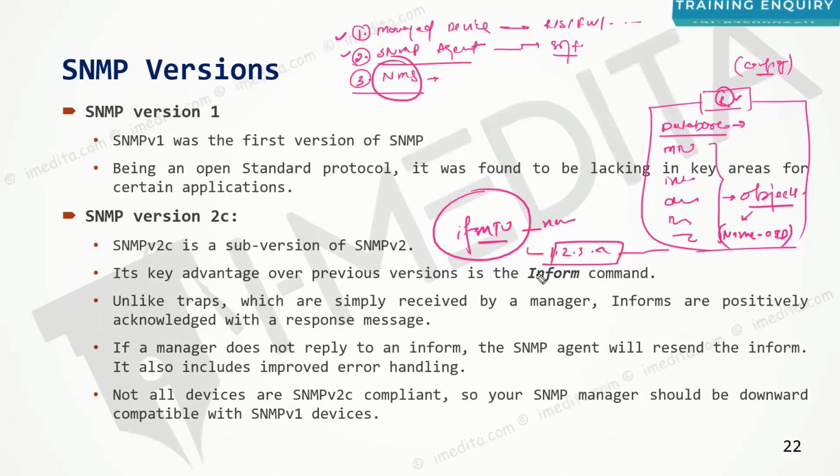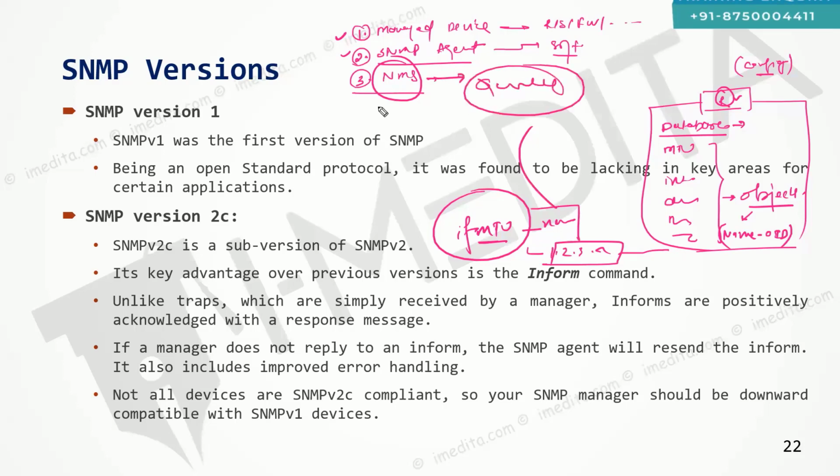Something like that. There will be an ID of that object, and we can use that ID or name from the network management station to query information on the device. Let's say you want to check the MTU on the interface of the router.